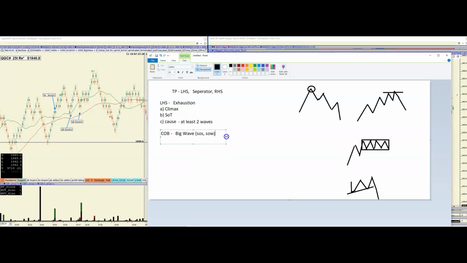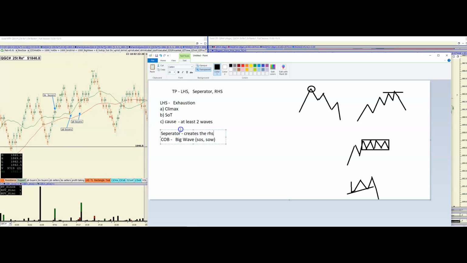Now this is very important, and I'm going to explain this conceptually first. The separator actually creates the right-hand side. What is this saying? When you have exhaustion and you have this, it's actually confirming the exhaustion.